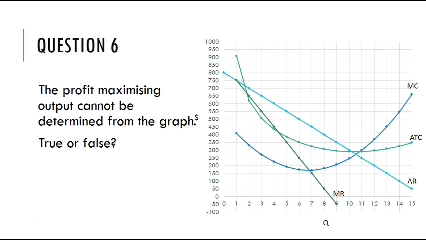That is to say, it will keep increasing output while ever the revenue from the next unit produced would be greater than the cost of producing that next unit. So keep doing that up to the point where the revenue from the next unit produced is just equal to the cost of producing that next unit.